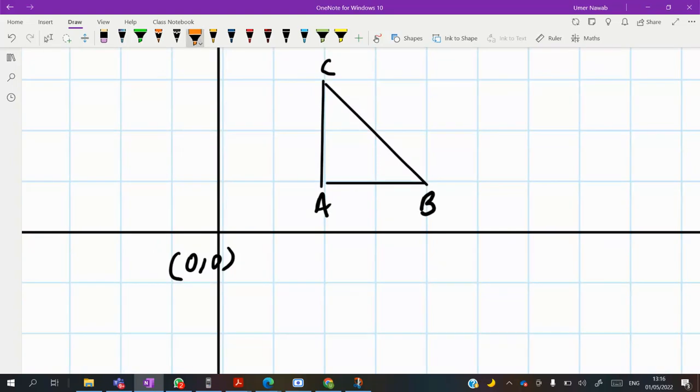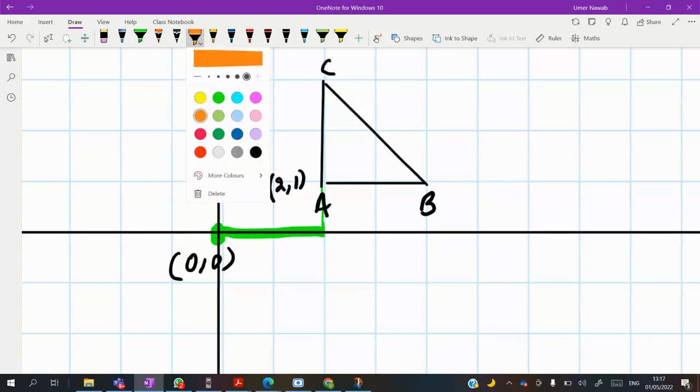Since he told us that this is the center, relative to the center, let me write the coordinates of A. The coordinates of A will be 2, 1.